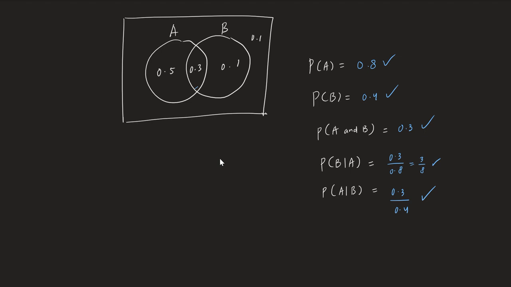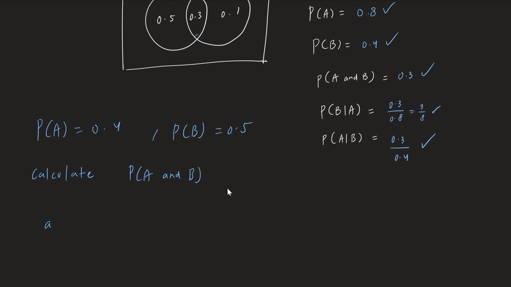Okay, if you're not given the Venn diagram, let's say you are given this: probability of A is 0.4, probability of B is 0.5.